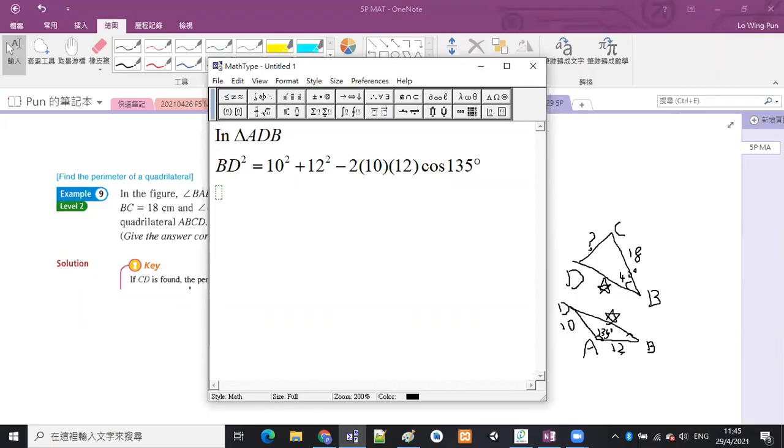Okay, and then you may use the calculator here. And that should be 10 squared plus 12 squared minus 2 times 10 times 12 times cosine 135, and then take square root.